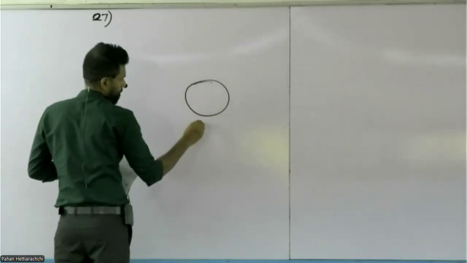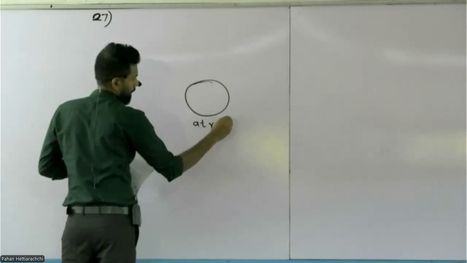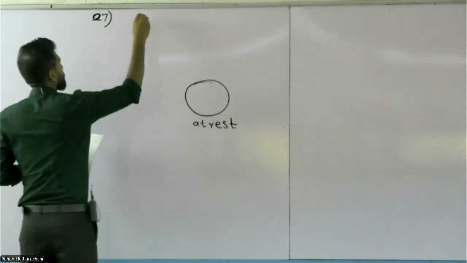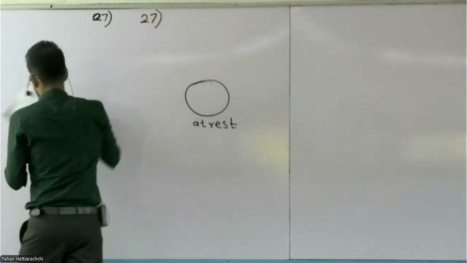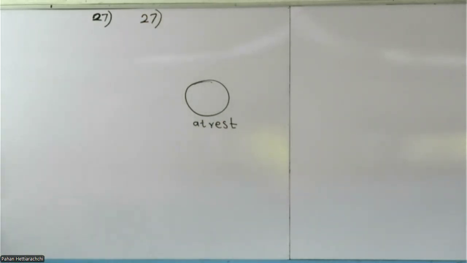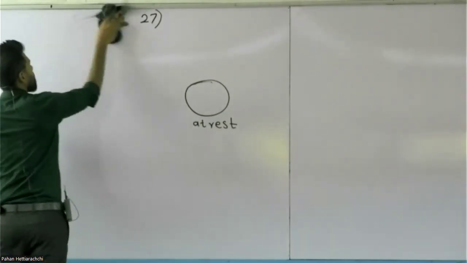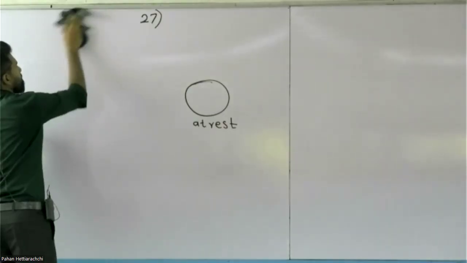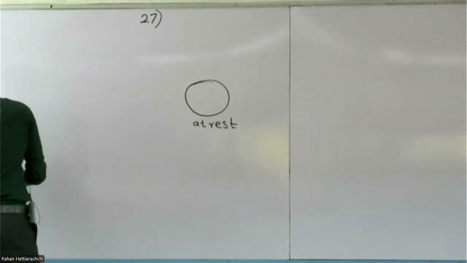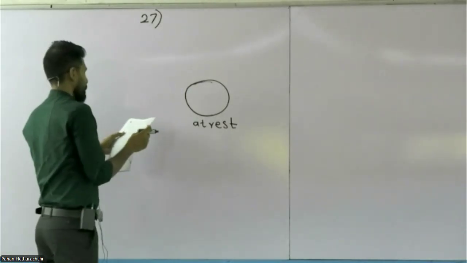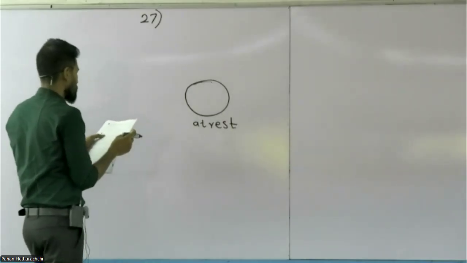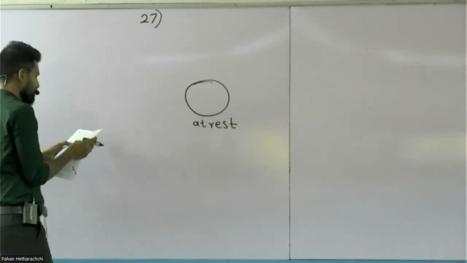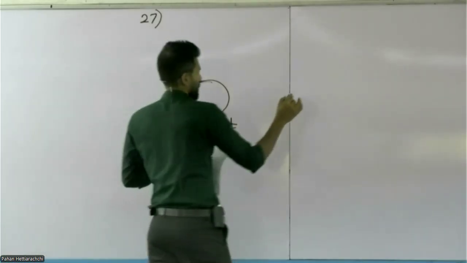Okay? At rest. Then what happens? It decays into an electron moving with the momentum this much and a neutrino moving in the perpendicular direction with the momentum. Okay.